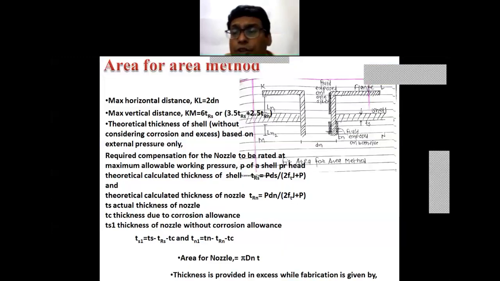Okay, now how to design for this compensation. The design of compensation is done by the area for area method. The area of a plate or shell which is removed, the same amount has to be provided. Now look at this figure.